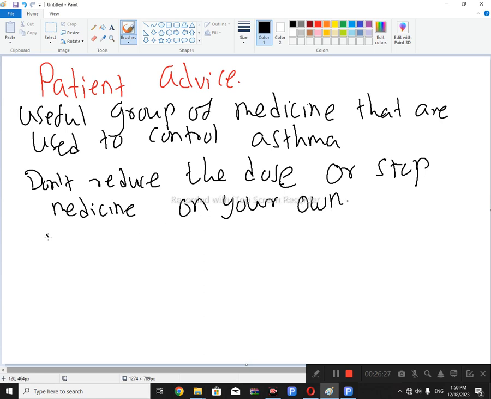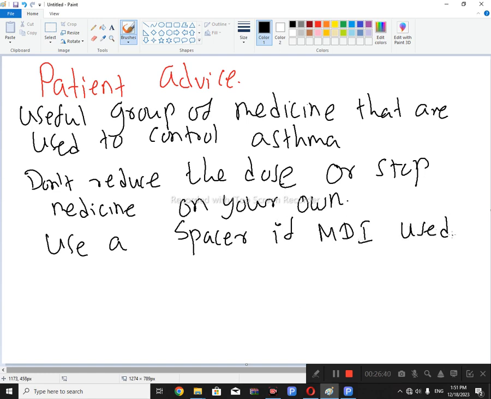Use a spacer if an MDI is used. Rinse the mouth after every dose.